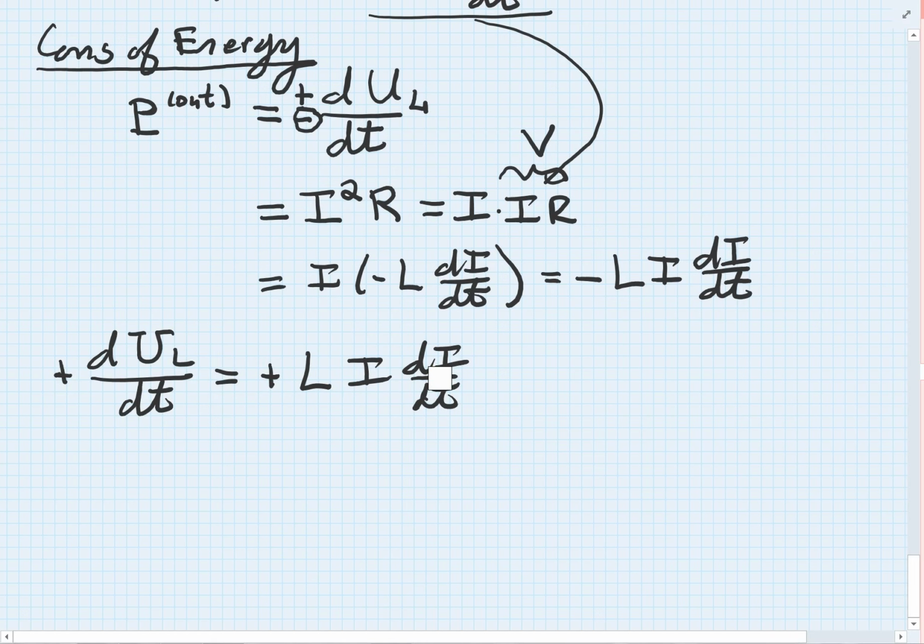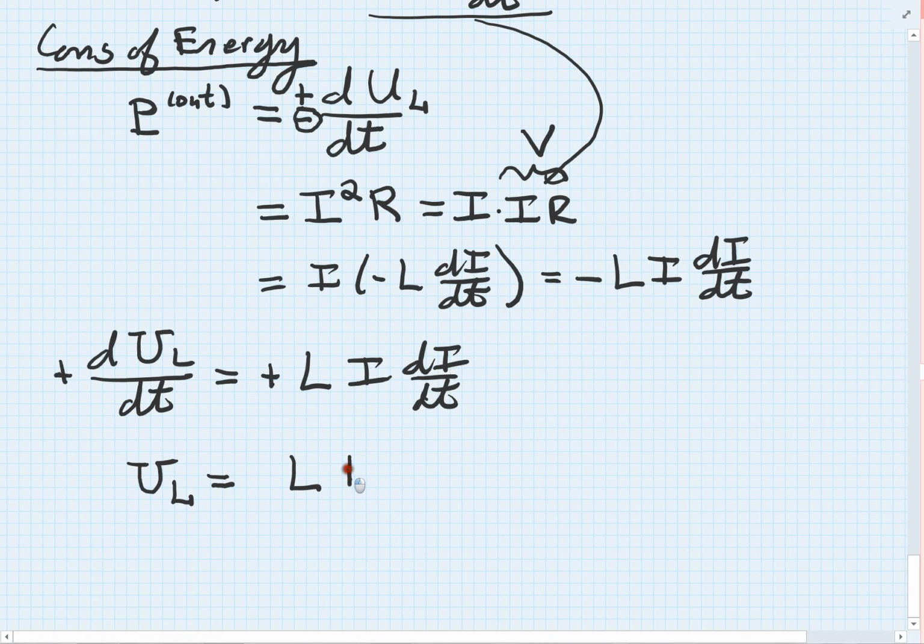Well, this is some kind of differential equation to solve. And we know the method for solving differential equations. The real method, of course, always is you just guess. So I have to guess what derivative would give me back L times I times the derivative of I. Well, L is just a constant. That sounds a lot like the chain rule.